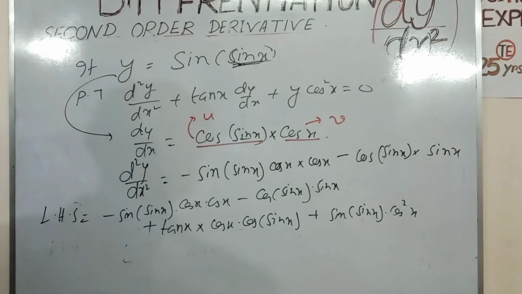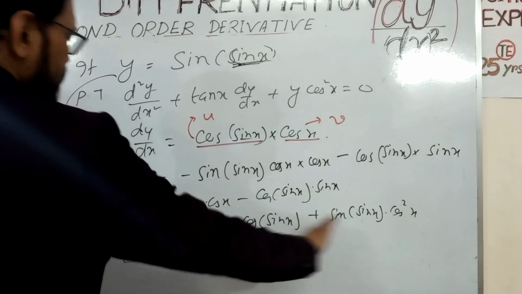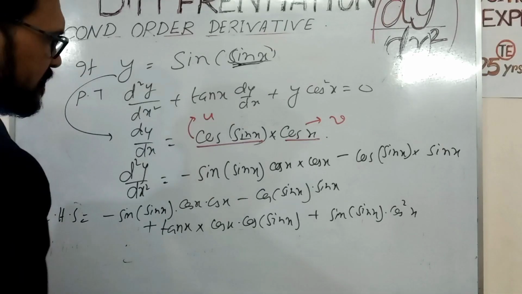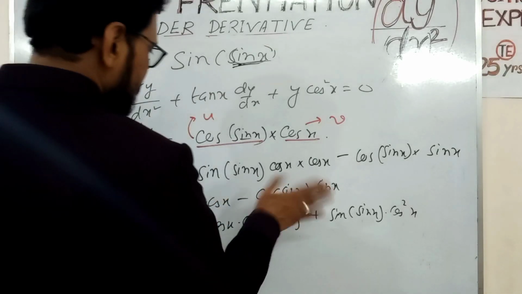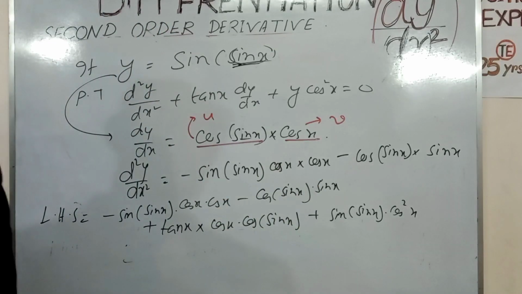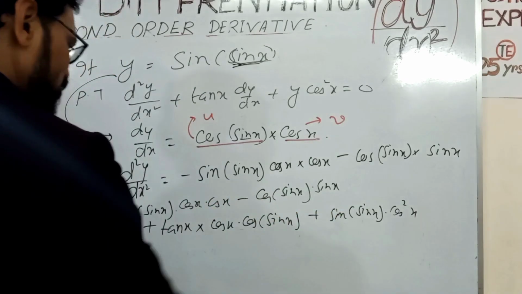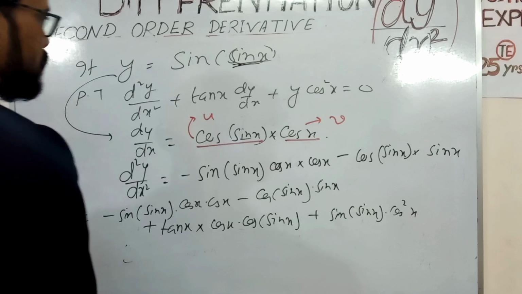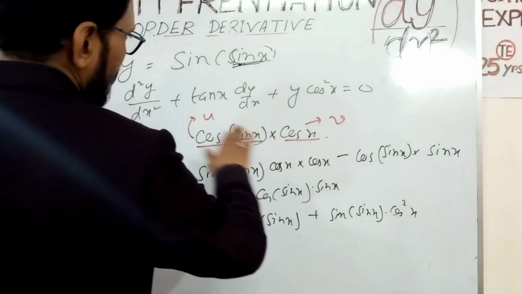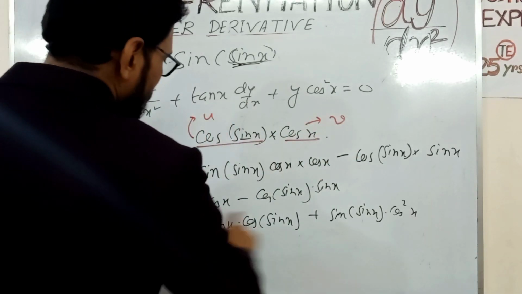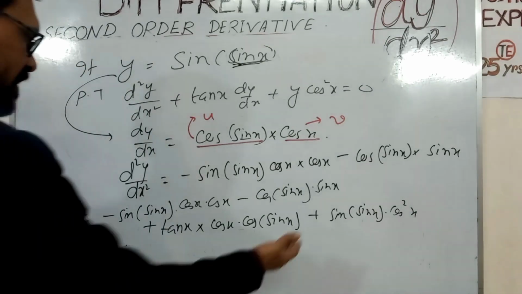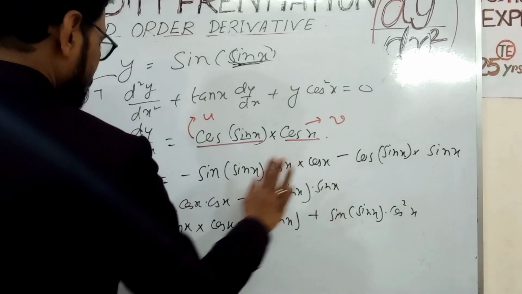So when we prove this, we have to express the whole in terms of x, because then we can cancel the terms. If x and y are mixed, then we cannot cancel. So we have to express it only in terms of x, then we can cancel the terms.